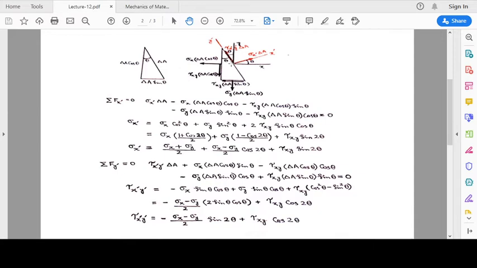I have just drawn a plane figure so that it will be easier for you to understand. So we make a rotation through an angle theta, so our sigma x prime is going to be along this, and tau x prime y prime is going to be in this direction.